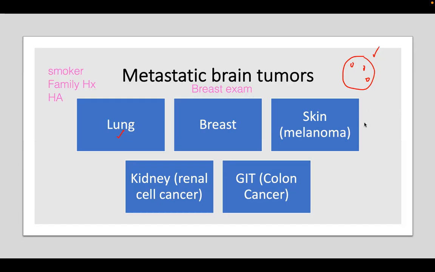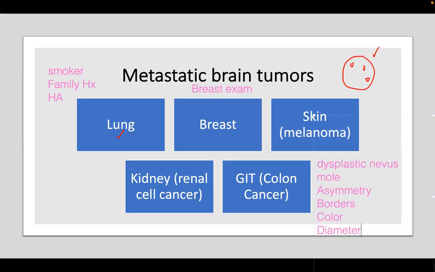For the skin and melanoma, you look for a nevus, particularly the famous precursor, what we call a dysplastic nevus. Or if someone has a mole that shows letter A, asymmetry, letter B, irregular borders, letter C, a change in color, D, a change in the diameter.